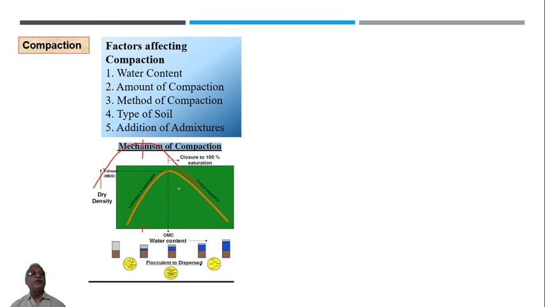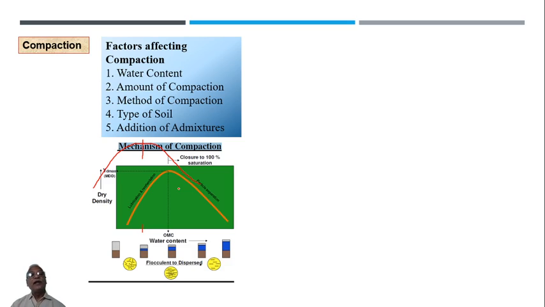The method of compaction matters; it affects how the soil gets compacted. Then the type of soil, whether granular like sandy soil, or clayey soil or silty soil, will affect the compaction achieved, in the sense of the dry density achieved.